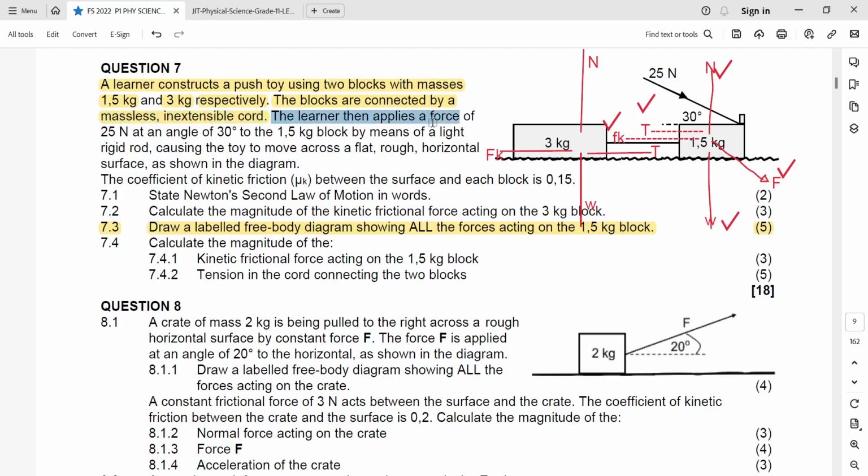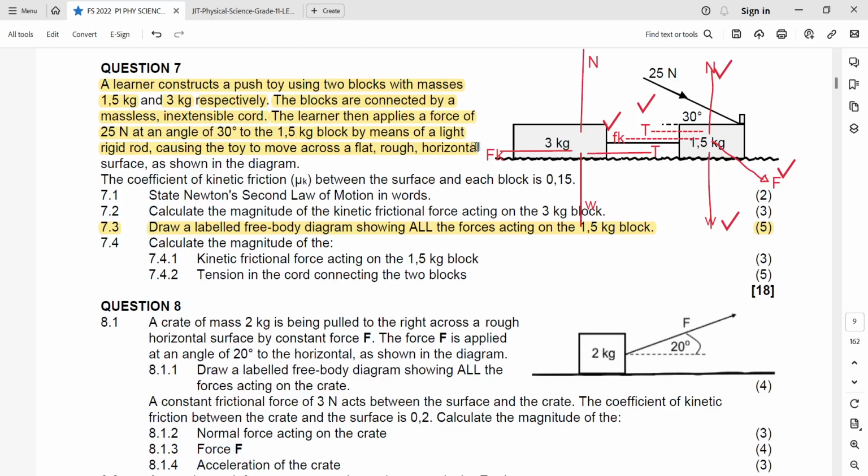Okay, the learner then applies a force of 25 Newton at an angle of 30 degrees to the 1.5 kg block by means of a light rigid rod. Why do they say light rigid rod? It means it won't have an impact of increasing the mass of the object.